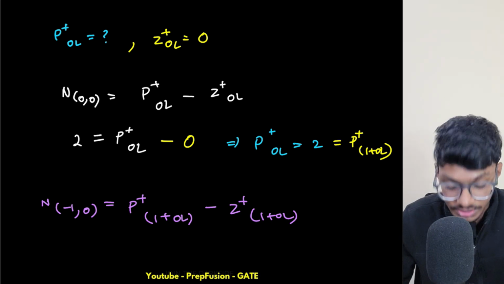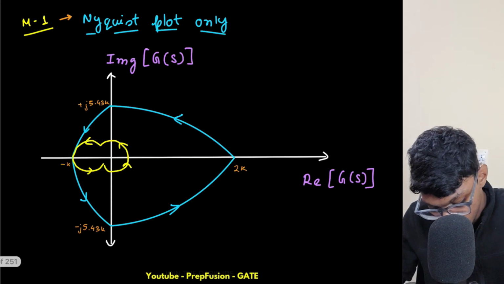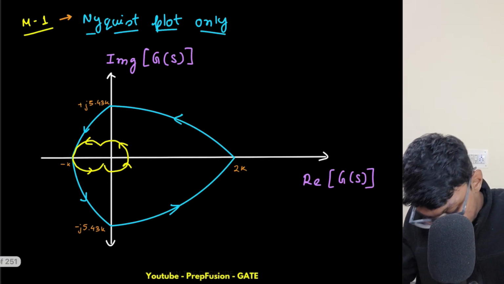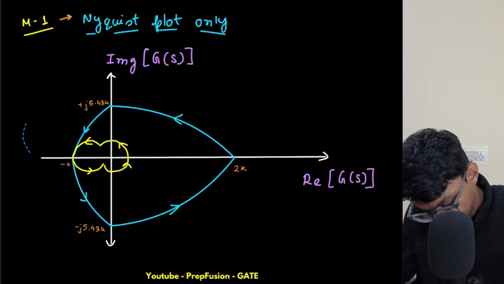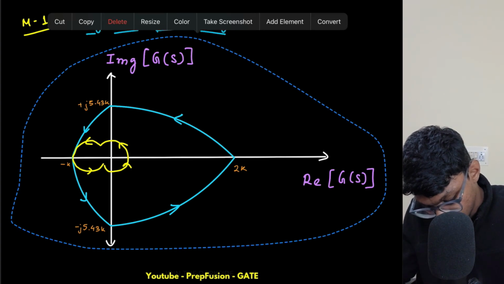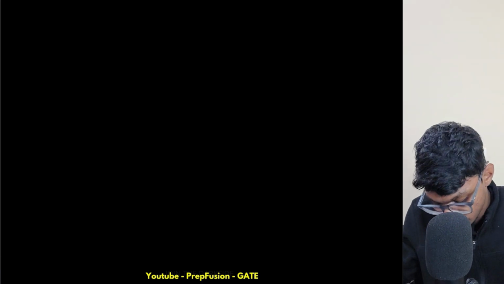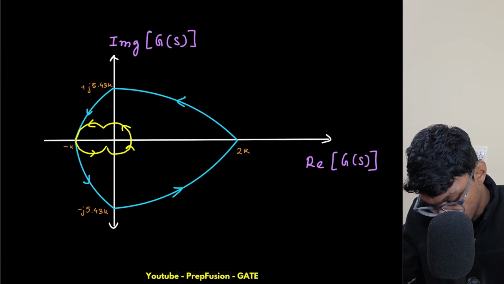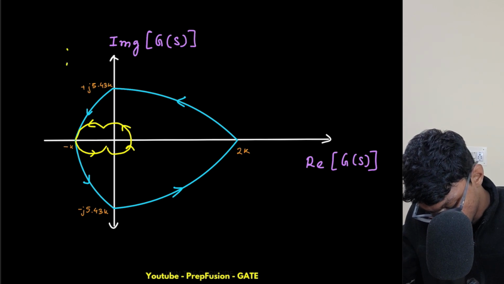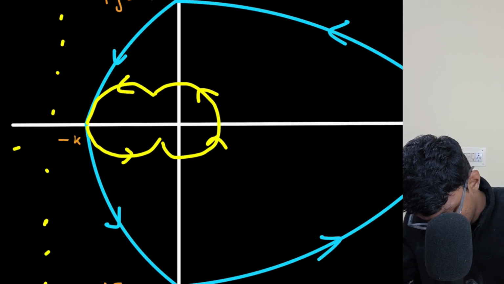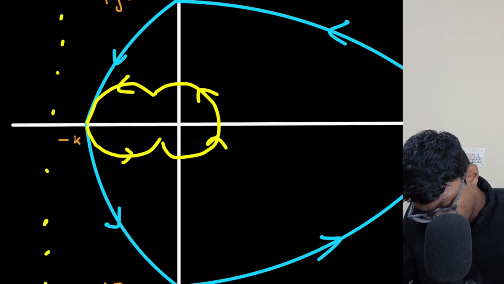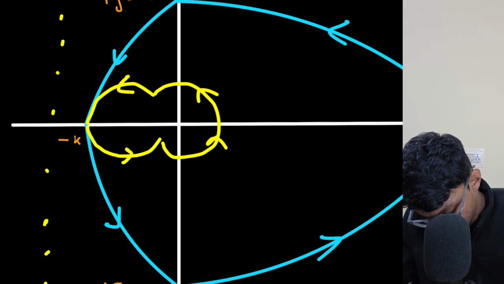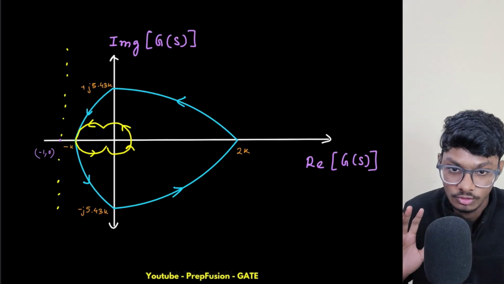Okay, so if I use this one, now what is my encirclement around this minus 1 point? What I told, if I just copy this contour, and let's say I draw an asymptote whose real part is minus 1 comma 0.